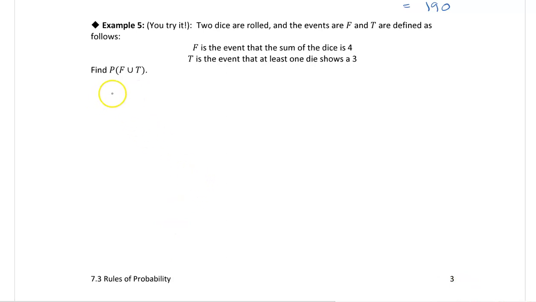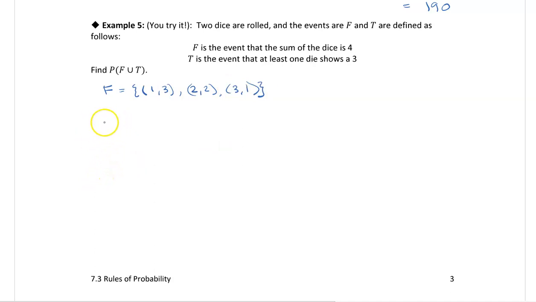Let's actually just write that set out. How can we make 4? We can do a 1 and a 3. We could do a 2 and a 2. And we can do a 3 and a 1.